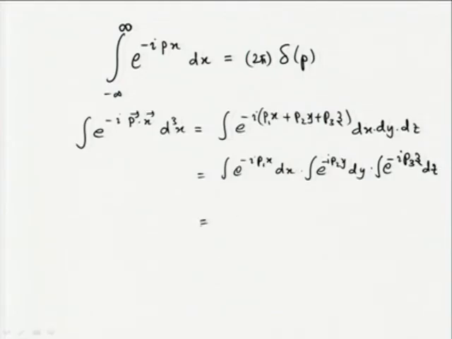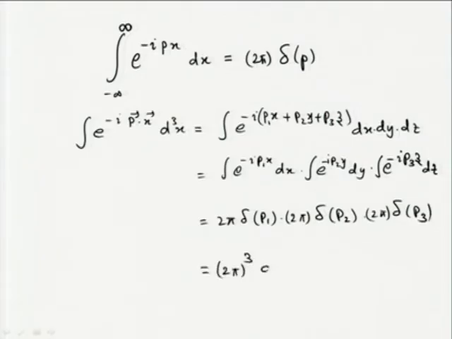This is equal to 2π delta p₁, 2π delta p₂, 2π delta p₃. Together, in compact notation, I can write it as (2π)³ δ³(p⃗). The last line is the explicit form of the line just before that.